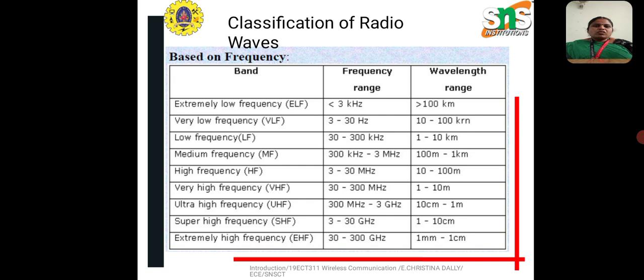So these are all the bands, and for the corresponding bands, we have to allocate the frequency range and the wavelength range. For example, if I take the high frequency, the frequency range allocated for this high frequency is 3 to 30 megahertz, and the wavelength is from 10 to 100 meter.